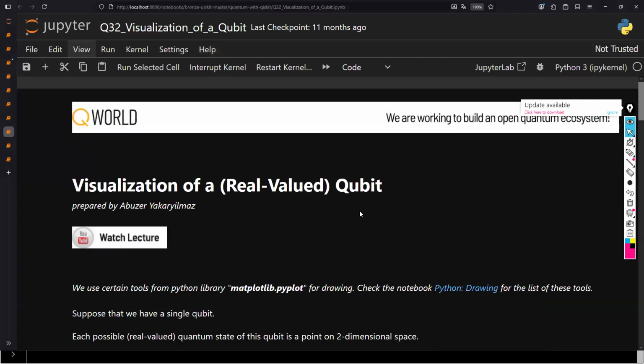So let's move to Q32, which is a visualization of a qubit. Are there any questions? I have seen a message in the chat, but I think it's okay.